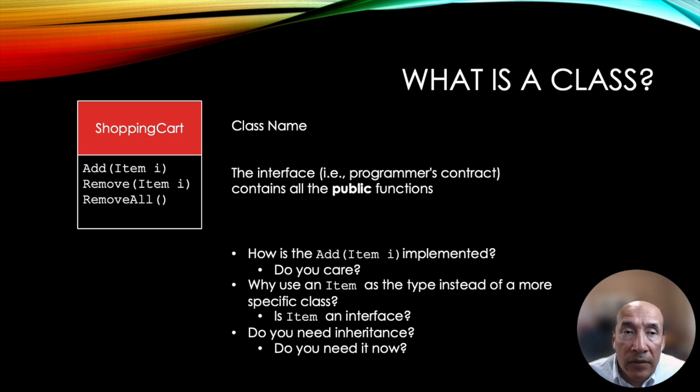I can remove things, and there are probably enough similar values that I can define an item interface. What's an interface? We'll get to that. But in my class, I have a name, I have methods, and we're going to see in a little bit that those also have properties. But this is an example of a class.